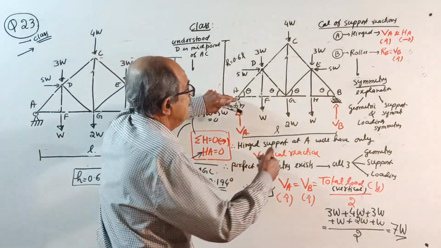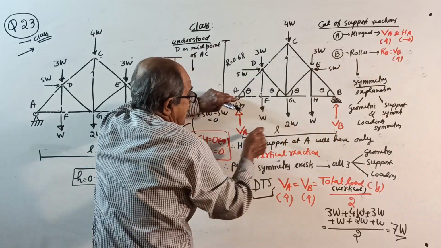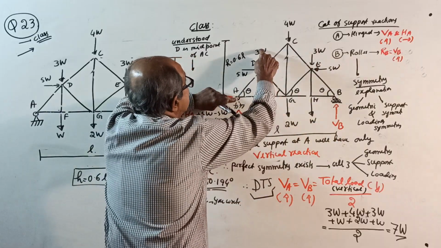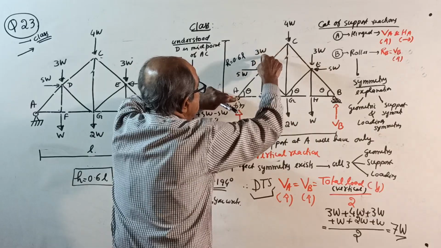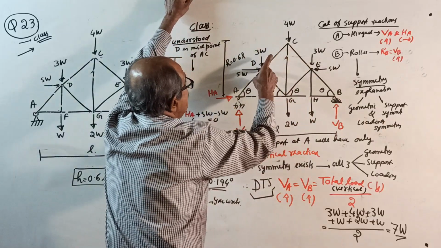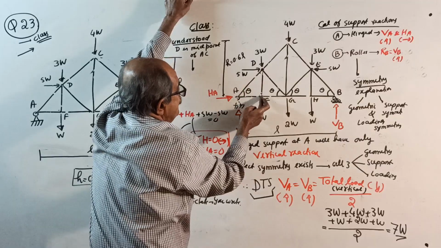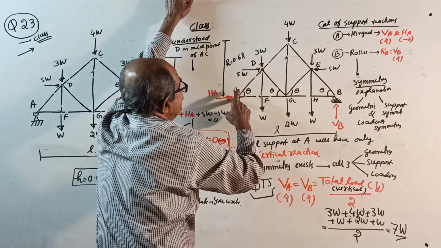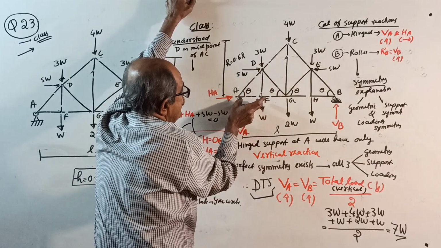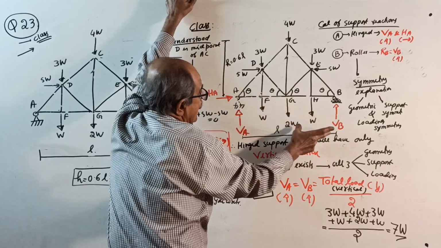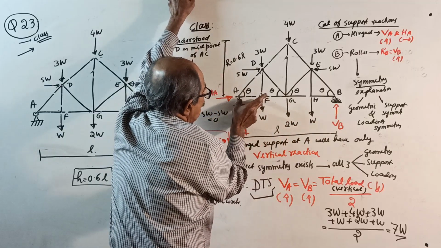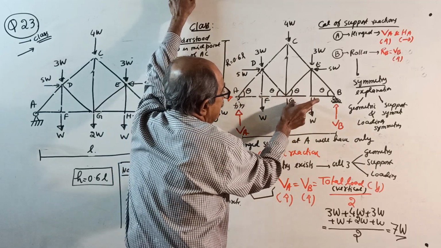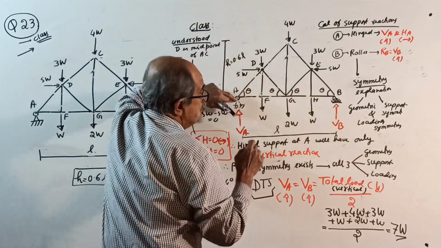When you take moment, minus VB into L, plus 3W and 2W. This is the midpoint of this member, so whatever length is there, midpoint means L by 2, L by 4, L by 4, L by 4, L by 4.